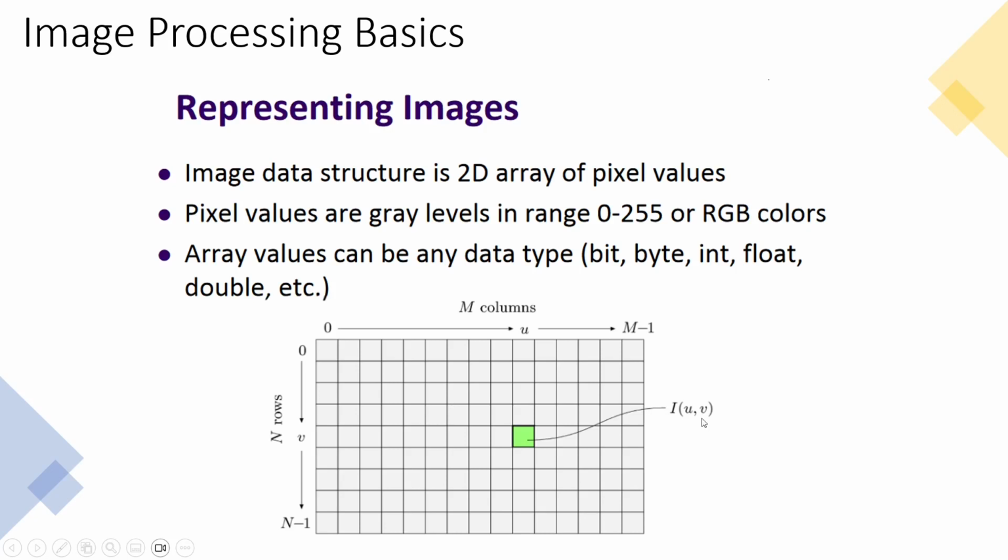I_UV means that's column U, row V. Okay, that's the single pixel of this image, which is an n by n matrix, and I_UV is the column U, row V. Okay, and this value will be something between 0 and 255, if that's a gray level image.